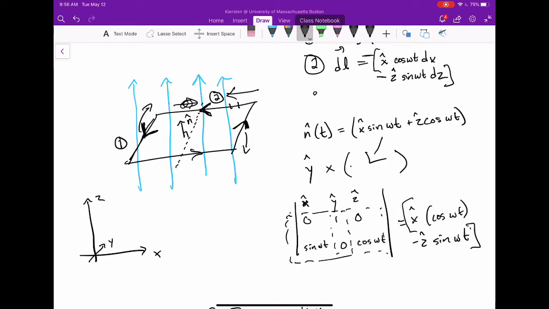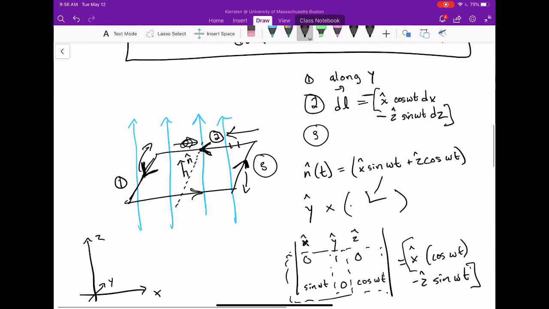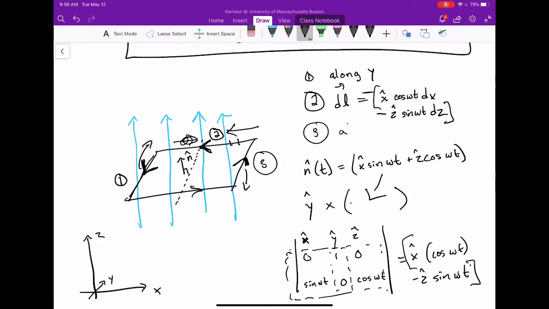And number 3, that would be over here. That's also along y. Here, on number 1, dl is pointing in the minus y direction, so it's minus y hat dy. On side 3, dl is in the plus y direction, so it is y hat dy.